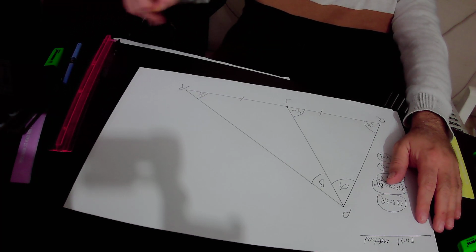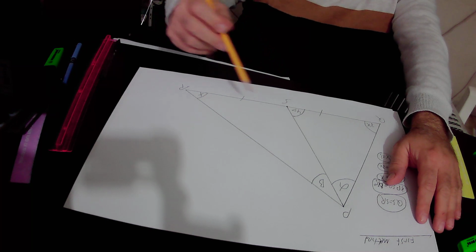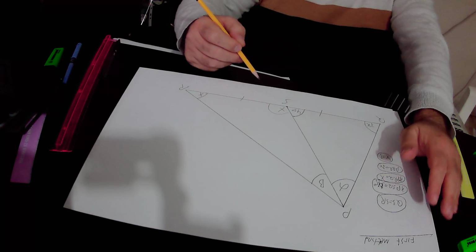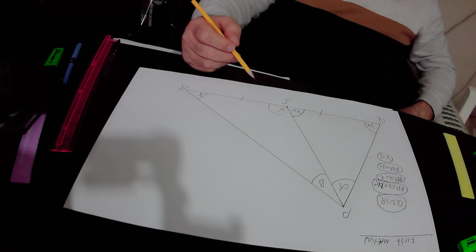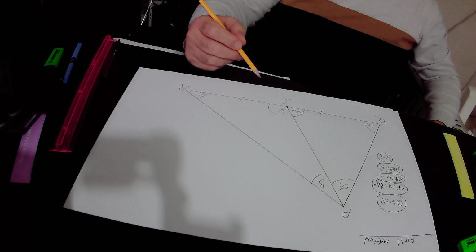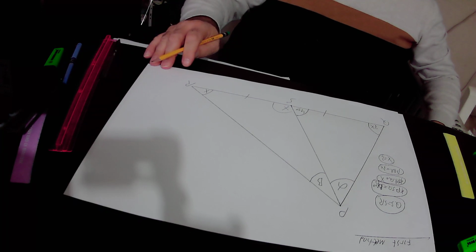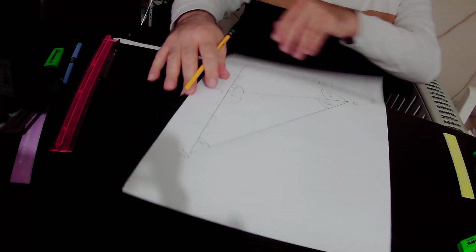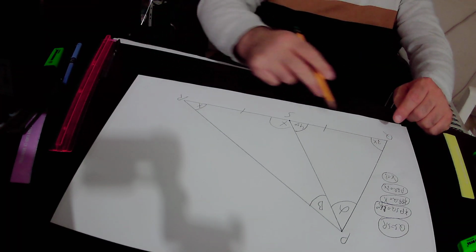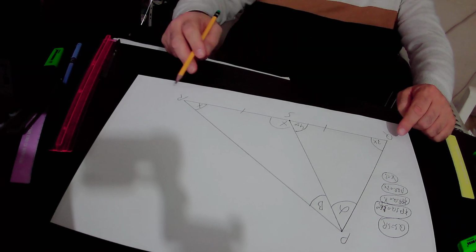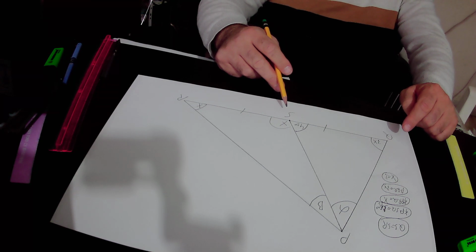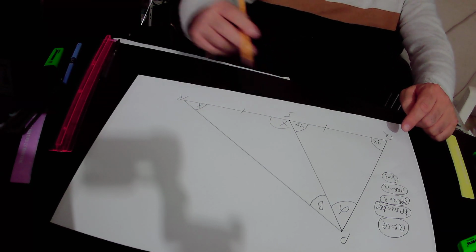And what is the size of angle PSR? According to the rule that the sum of the angles on one side of a straight line is equal to 180 degrees, if we look at the upper side of the straight line QR at point S, then the sum of the angles must be equal to 180 degrees.